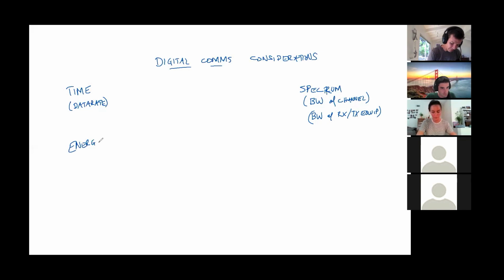If I have unlimited time and unlimited spectrum, I still need to consider how much energy I need to budget. So this has two main considerations for us. This is more like, how much battery life are you going to use to transmit each bit? But on the complete other end of the milliwatt to megawatt scale, how much power can your base station radiate without giving people cancer?